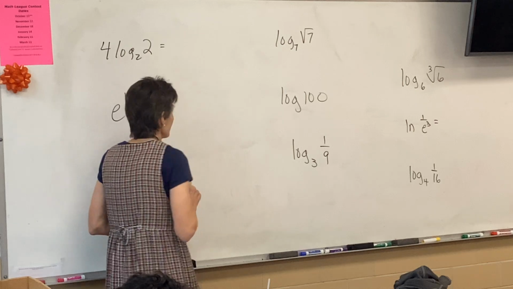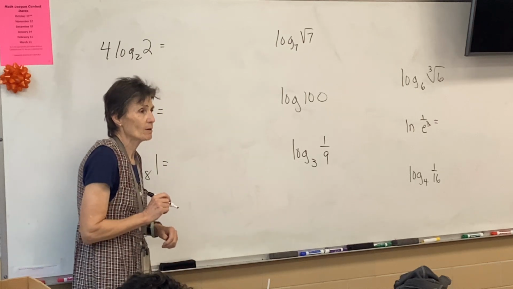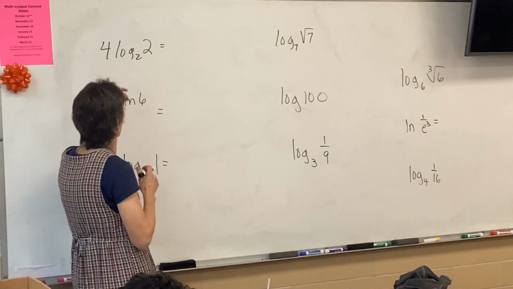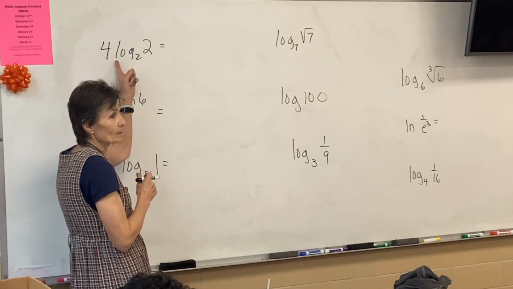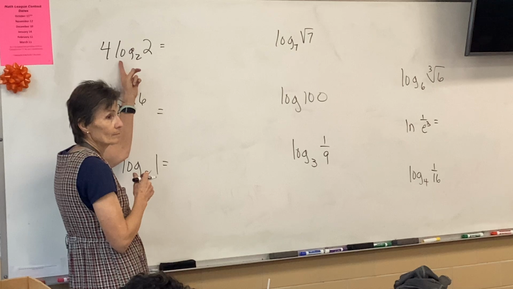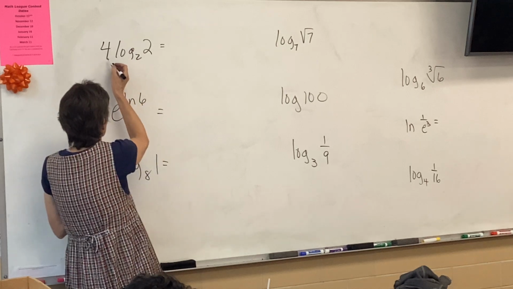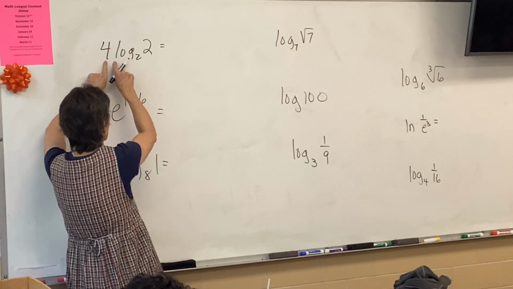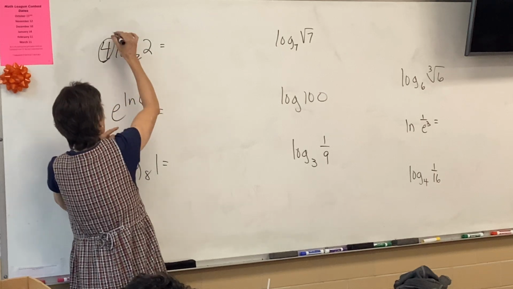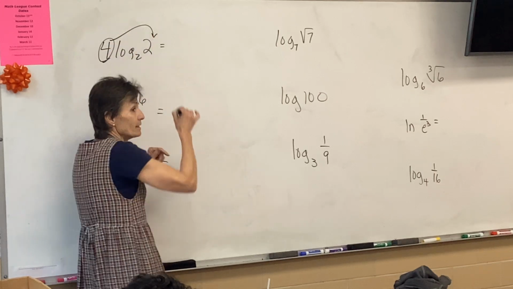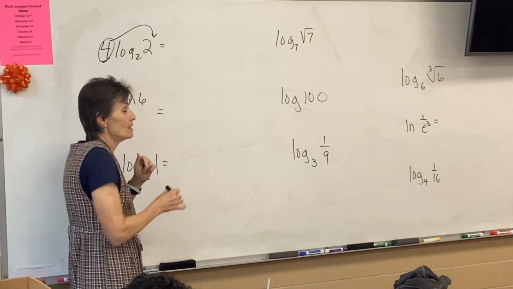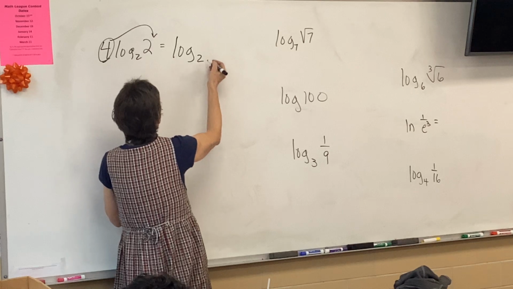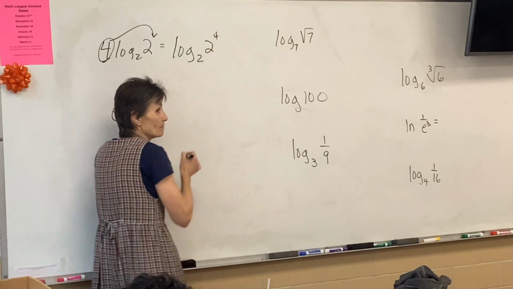One of the things I want you to remember, so maybe make a note of it, or maybe you already remember it, is when you have a logarithm and there is a coefficient, like a 4, a number right in front of that logarithm, that number is actually an exponent. So this problem is really the log base 2 of 2 to the 4th.